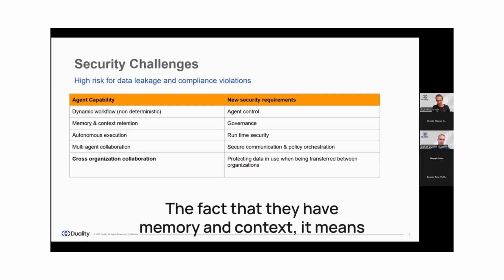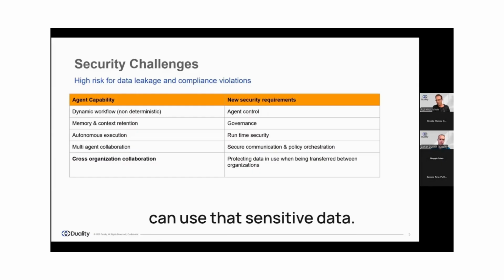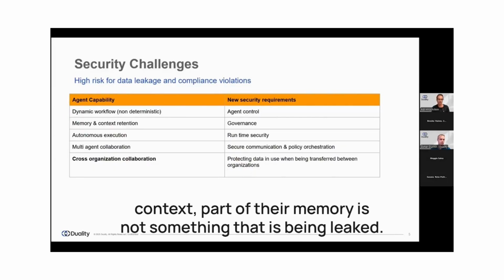The fact that they have memory and context means that they can store sensitive data along the way and they can use that sensitive data. So how do we govern that? How do we make sure that this sensitive data that is part of their context, part of their memory, is not something that is being leaked?